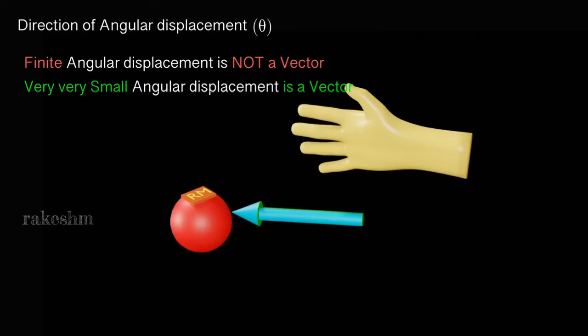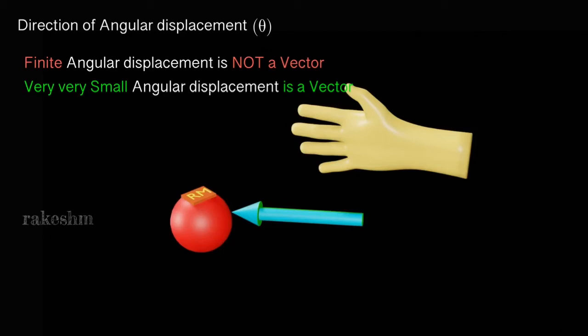Next, let us discuss the direction of angular displacement. We have discussed this in detail in a video which I am providing the link to here. Also, you can find the video in the playlist Circular Motion Concepts. So the conclusion was that finite angular displacement is not a vector, and very small angular displacement is a vector.